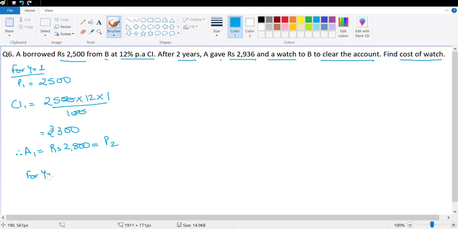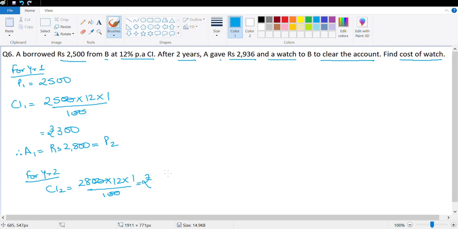So for year 2, let's calculate the interest. Compound interest for year 2 would be equal to principal for second year, which is 2,800, into rate, which is 12, into time upon 100. So that's 28 into 12, 28 into 10, that's 280, 28 into 2, that's 56.